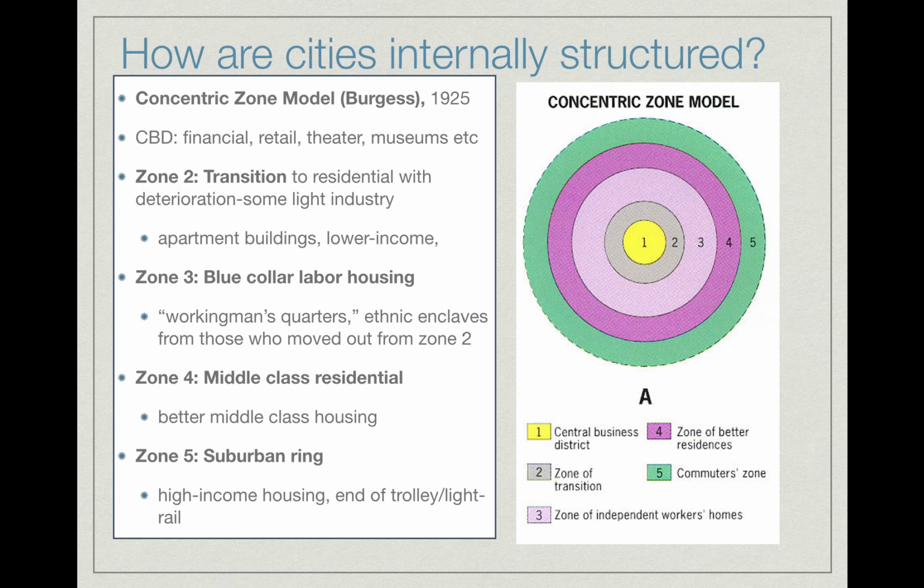Here we found financial centers, retail, theaters, museums, exactly what I just named as amenities. It's important to note again that there's a single central business district here. The concentric zone model bases the development of a city around social class, so this model determines that different social classes live in different places.